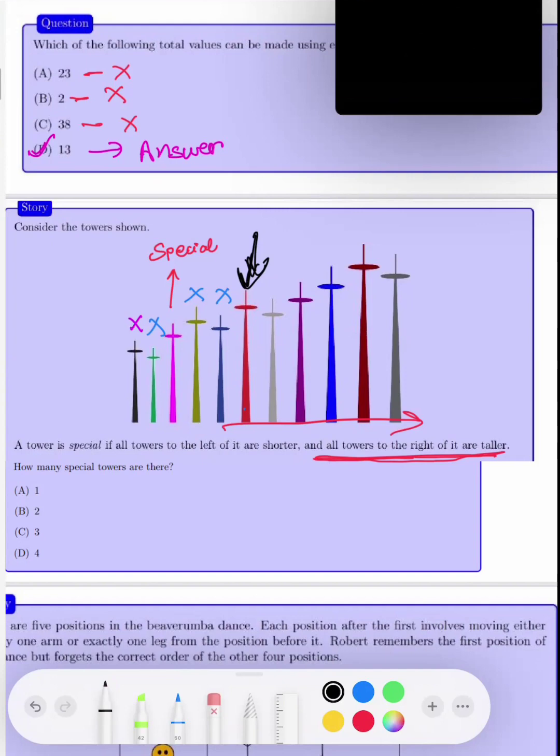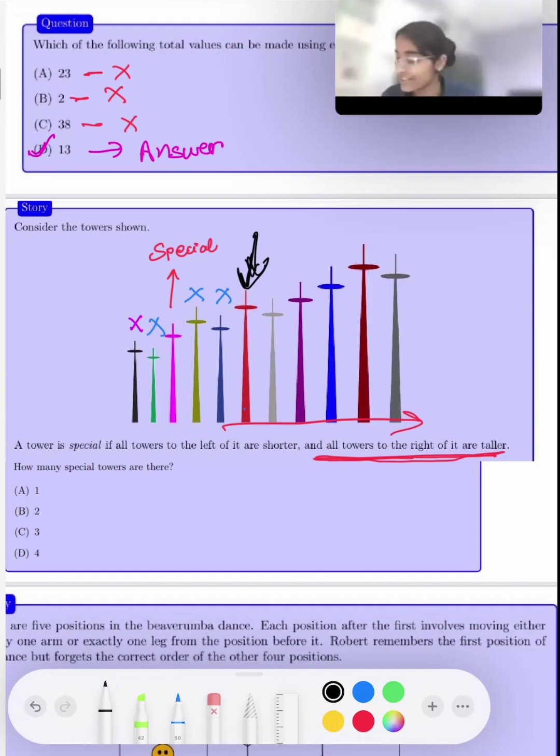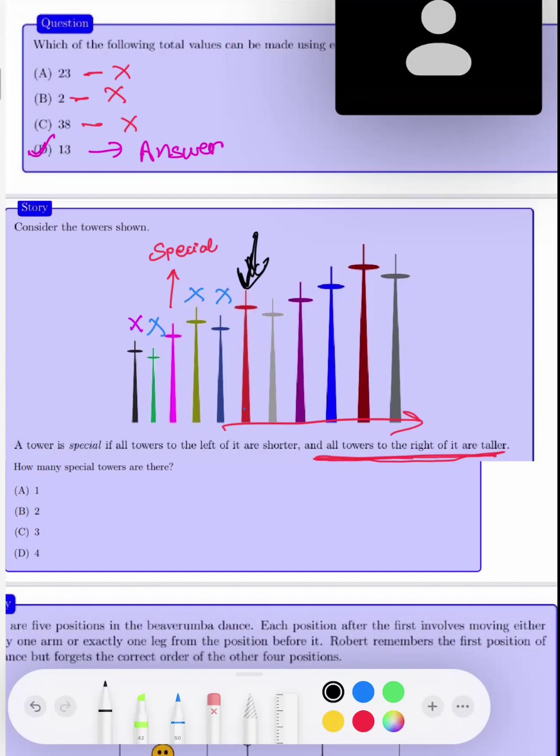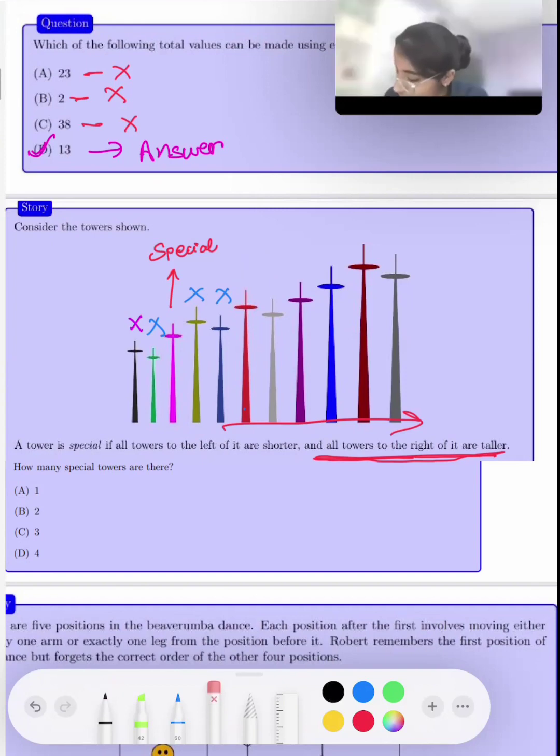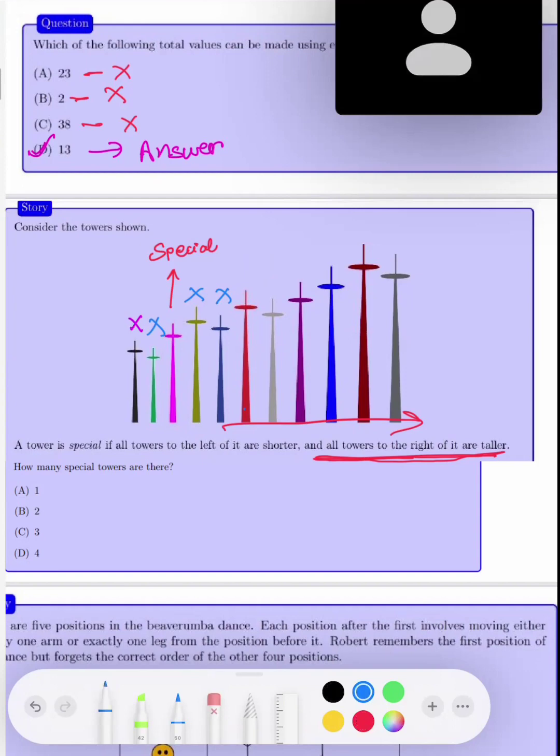Anyone that would like to answer, go ahead. Speak up. The answer is no, the tower is not special. That's right. The tower is not special. You should listen carefully and answer.